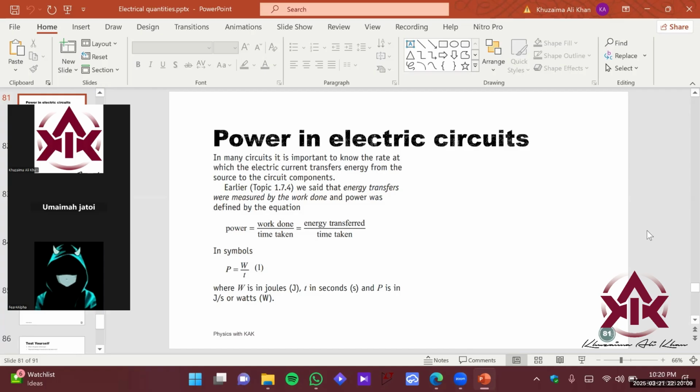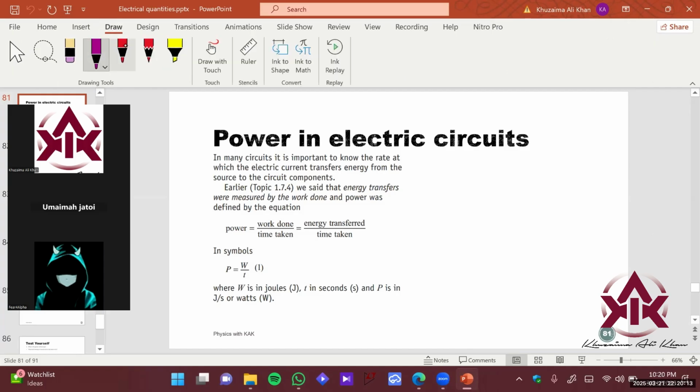If you recall your last chapter, the dynamics chapter, imagine we are applying a force here, and this box moves a distance d in the same direction. Let's say it moves from A to B in a time of t seconds, right?